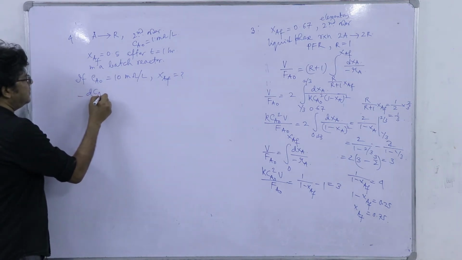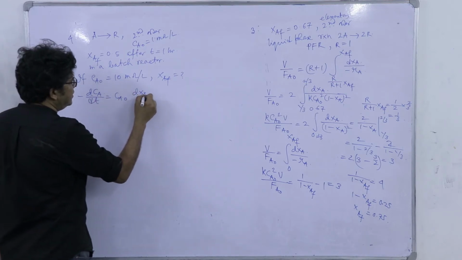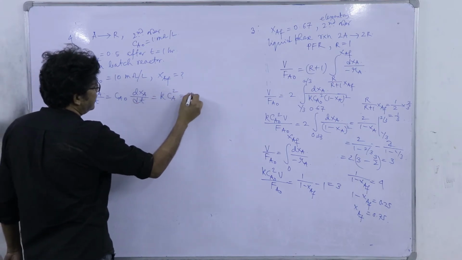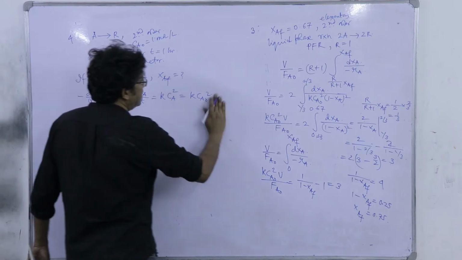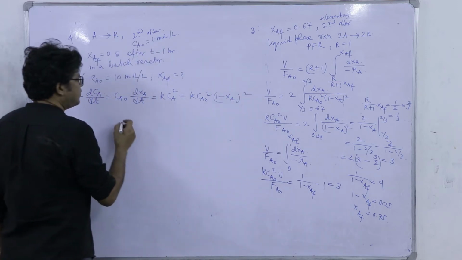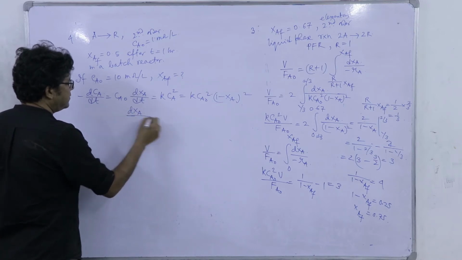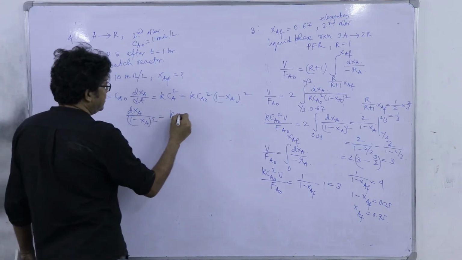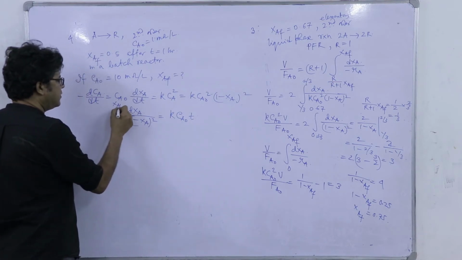So, minus dCA dt, which is Ca naught into dXA dt, is equal to K into Ca square, that is K into Ca naught square into 1 minus XA whole square. So, dXA by 1 minus XA whole square is equal to K Ca naught dt, and here we have to integrate it from 0 to Xf.